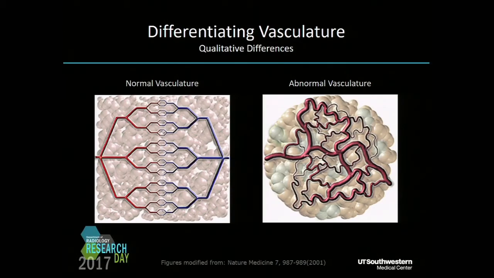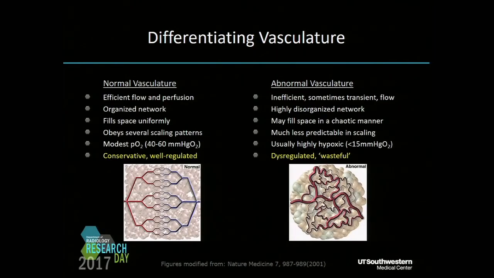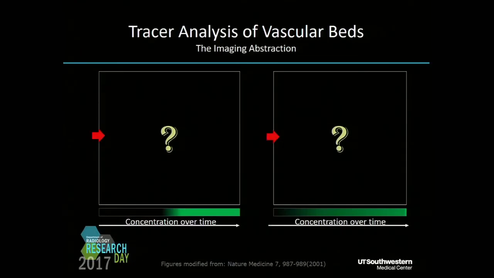And this dysregulation is something we'd like to be able to pick up on in a quantitative manner. So these are summed up in these two columns, but the main takeaway is that normal vasculature is conservative and well-regulated, whereas abnormal vasculature is dysregulated and generally wasteful with how it produces blood vessels.